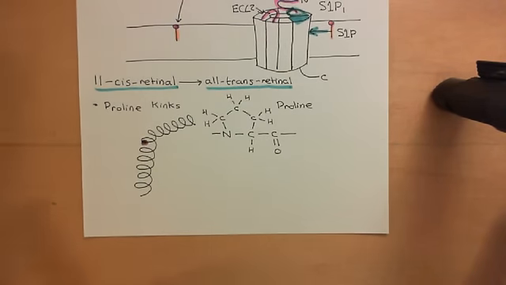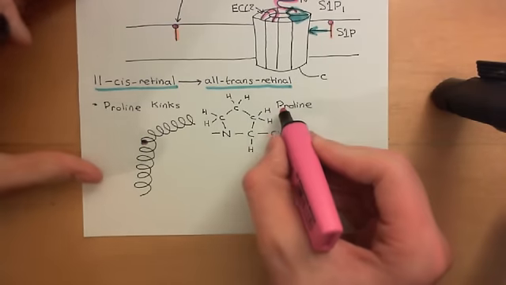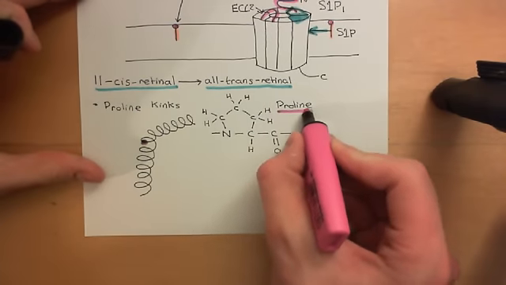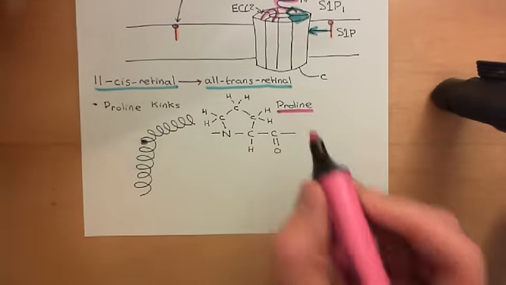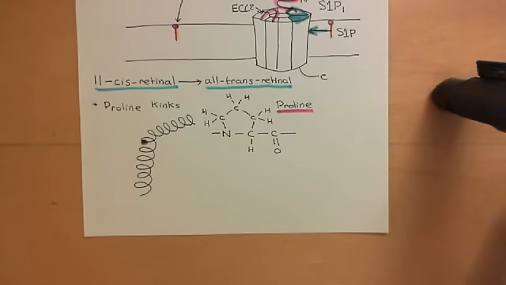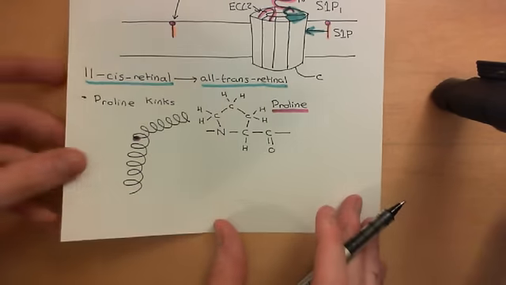So that's proline kinks, and that's one of the things that can lead to the secondary structures of the transmembrane alpha helices being very different between different G protein coupled receptors. Another thing which can cause kinks, which is separate from proline, is what's known as pi helices. So let me just explain what a pi helix is.